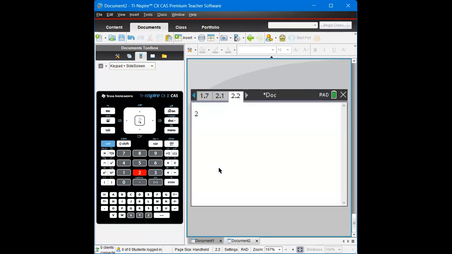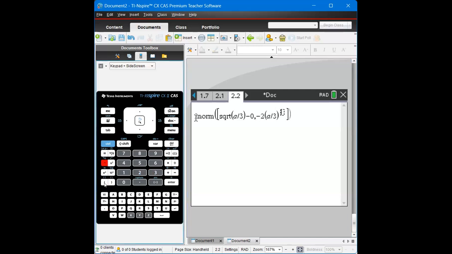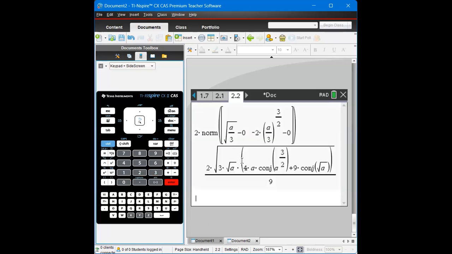In this case, I actually want to be lazy. I'm using the command norm, with the vector root a over 3 minus 0, comma, minus 2 times (a over 3) to the power 3 over 2, minus 0. Oh, the CAS calculator also spits out another interesting expression because the CAS can't tell if a is a real number or a complex number.